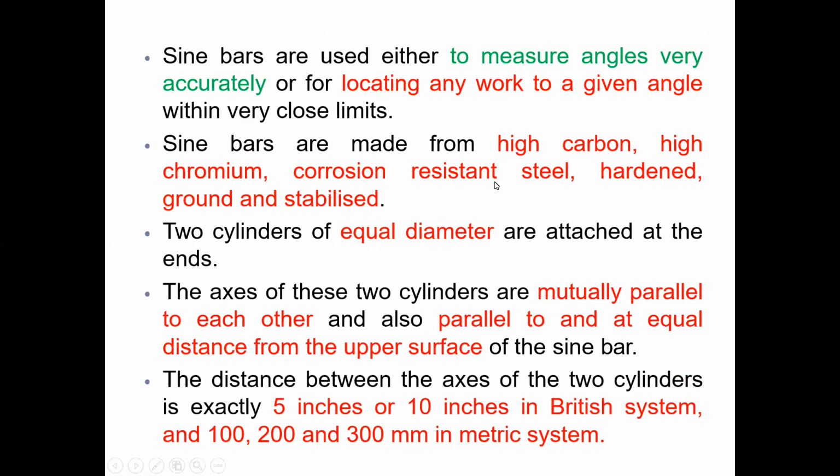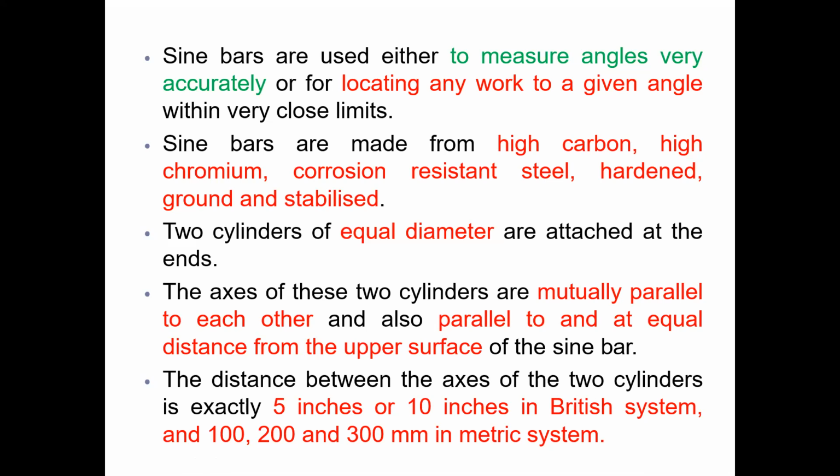Sine bars are made of high carbon, high chromium, corrosion resistant steel, hardened, ground and stabilized, and lapped in order to get highly finished surfaces. In this case, two cylinders of equal diameters are attached at the ends. The axes of these two cylinders are mutually parallel to each other and at equal distance from the upper surface of the sine bar.